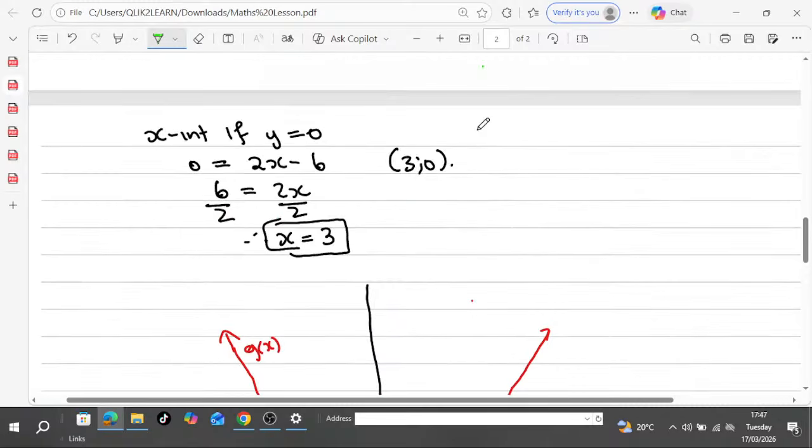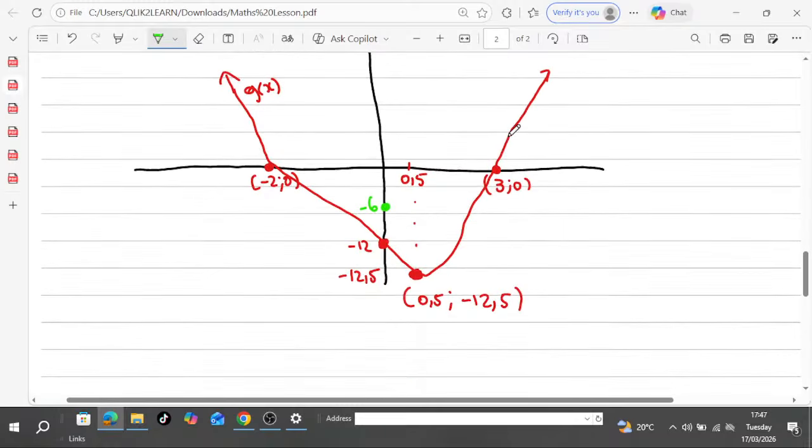The x-intercept we just calculated to be 3 and 0, so this is my 3 and 0. And now the value of a was positive, and this tells you that your graph will look like this. Nice. This is my f of x.